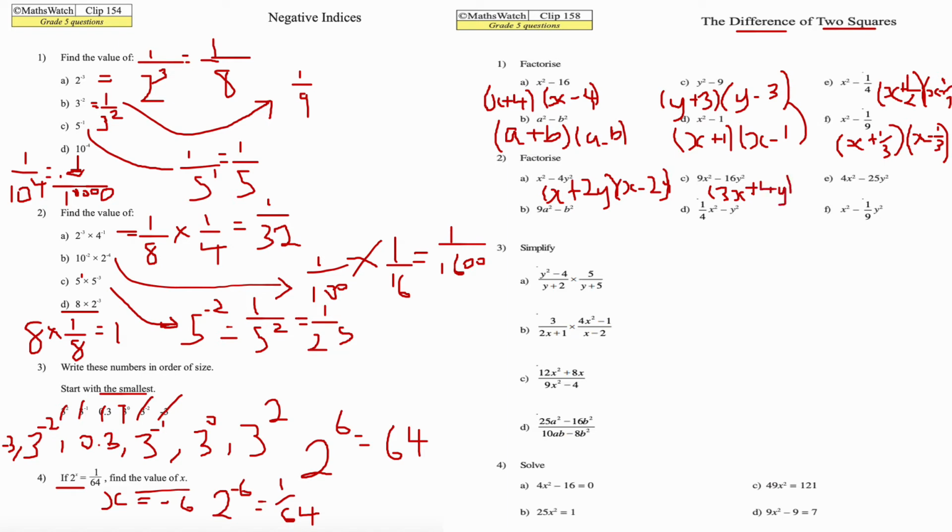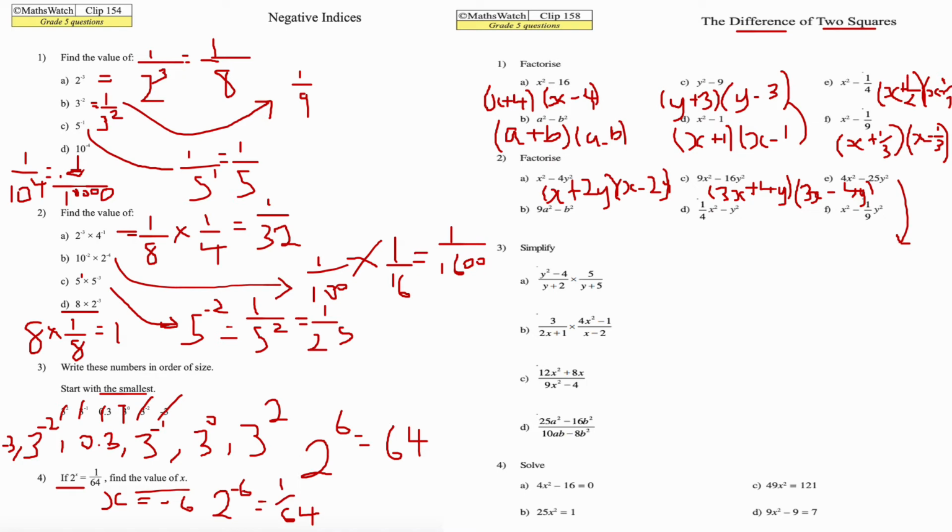So I do appreciate that I'm going a bit swiftly through this, but you can check by expanding the brackets together, okay? 4x squared minus 25y squared is 2x plus 5y times 2x minus 5y, okay?